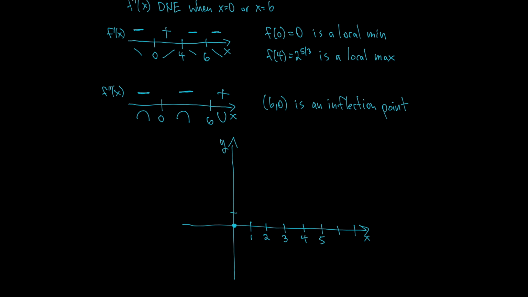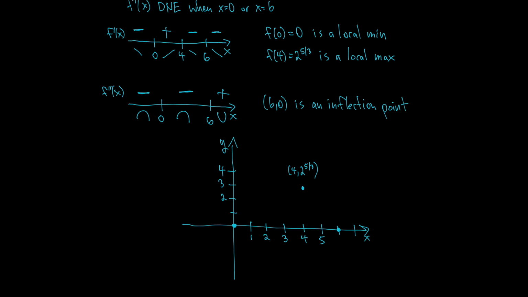So let's put some of these in. So (4, 2 to the 5/3). That's not going to be so good, but roughly around there. And we know that (6, 0) is an inflection point. So we should have an inflection point over there.